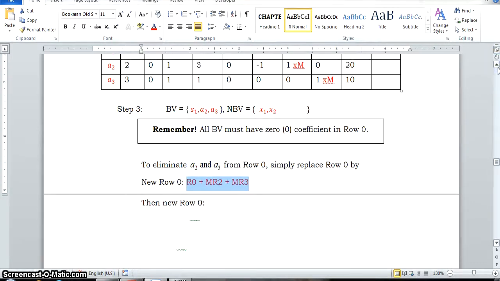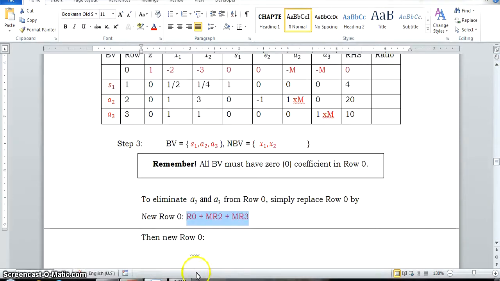Now we need to get the new coefficients in row 0. We get the new row 0 from this formula. Now we go column by column. For column Z, we only have one coefficient in row 0.